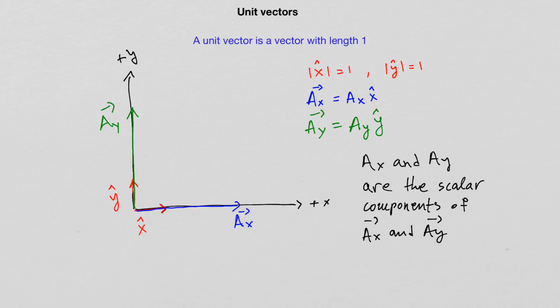So this quantity here, the scalar components of a vector, is extremely important in addition of vectors with random orientation in space.